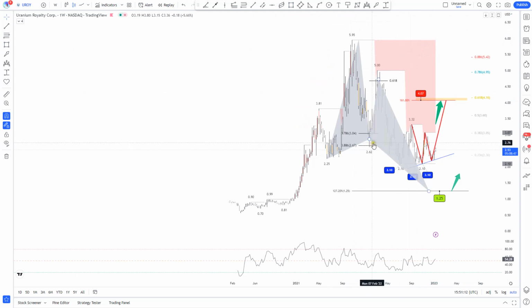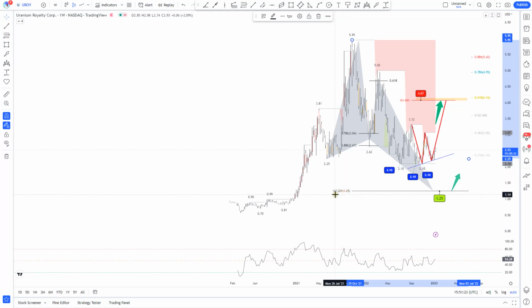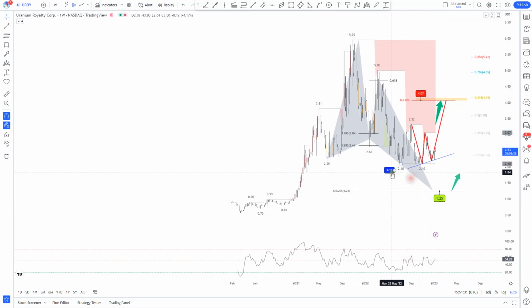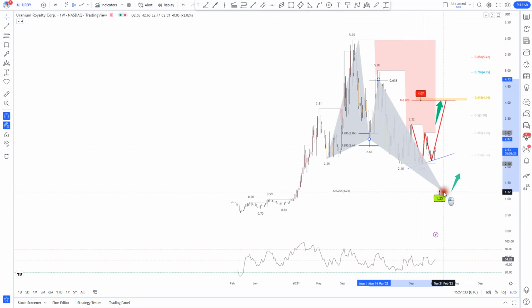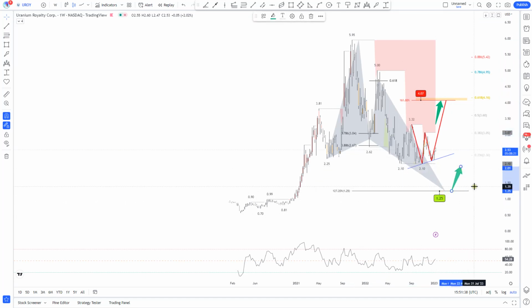Of course, we have this bullish butterfly pattern projected to 1.25. I don't believe it can trade lower than this, but not much lower. So pay attention to this possibility. Also, the eventual formation of this bullish butterfly pattern may offer a move to the upside.